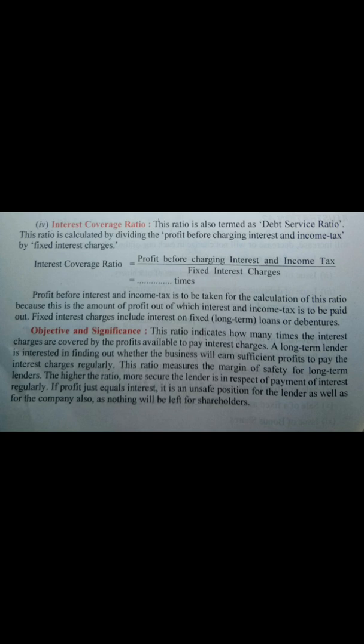This ratio indicates how many times interest charges are covered by the profit available to pay interest charges. That means how easily a company can pay the interest on long-term borrowings and debentures before paying the income tax or interest.